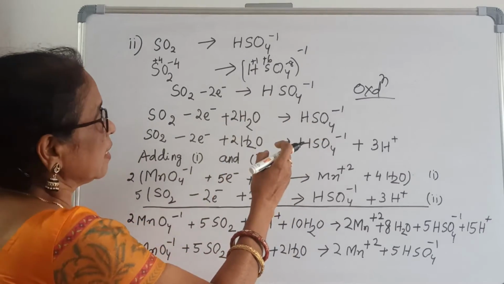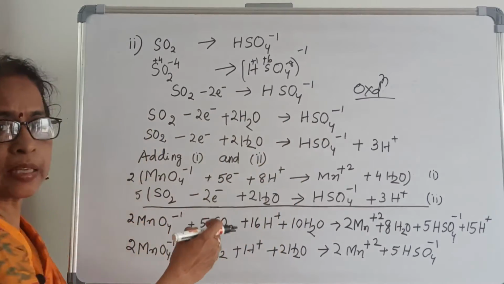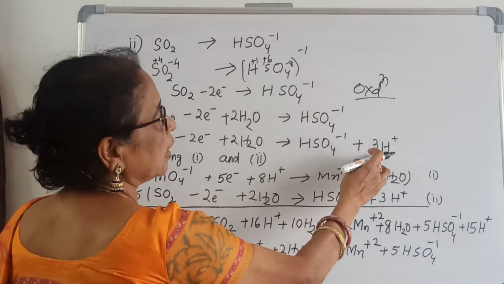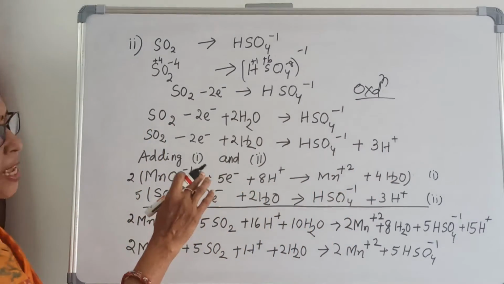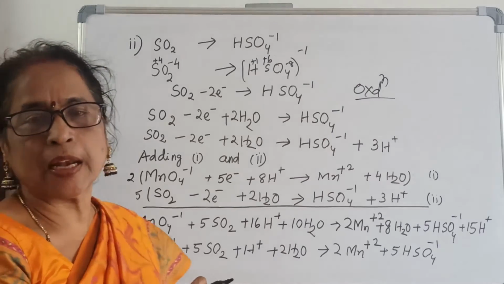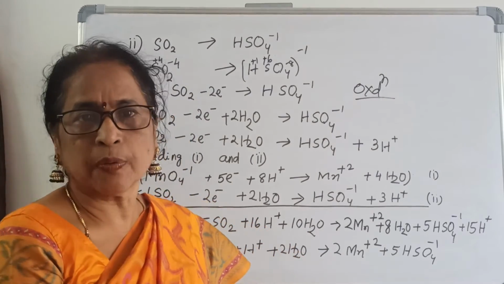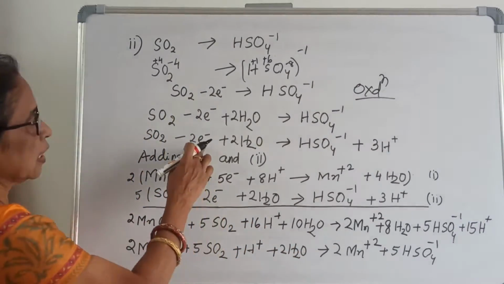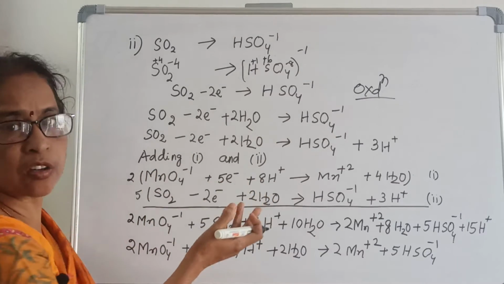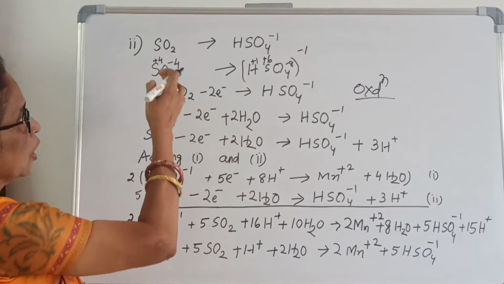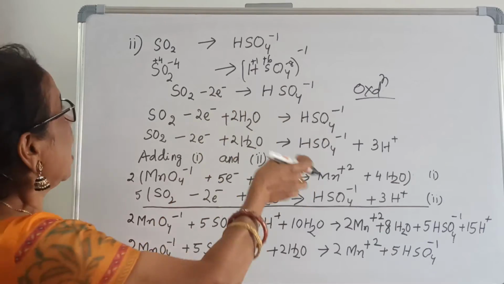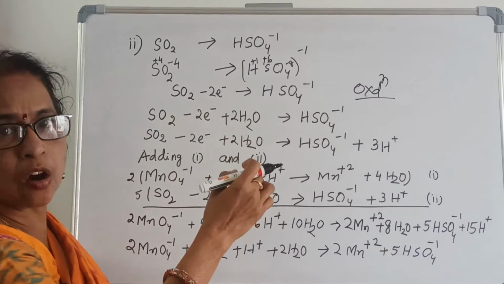That means there is a deficiency of 3 on the product side. That is why I put 3 H plus. Now hydrogen, oxygen and sulfur are balanced, and 2 electrons are lost, so it is an oxidation reaction. Equation 1 is reduction and equation 2 is oxidation.